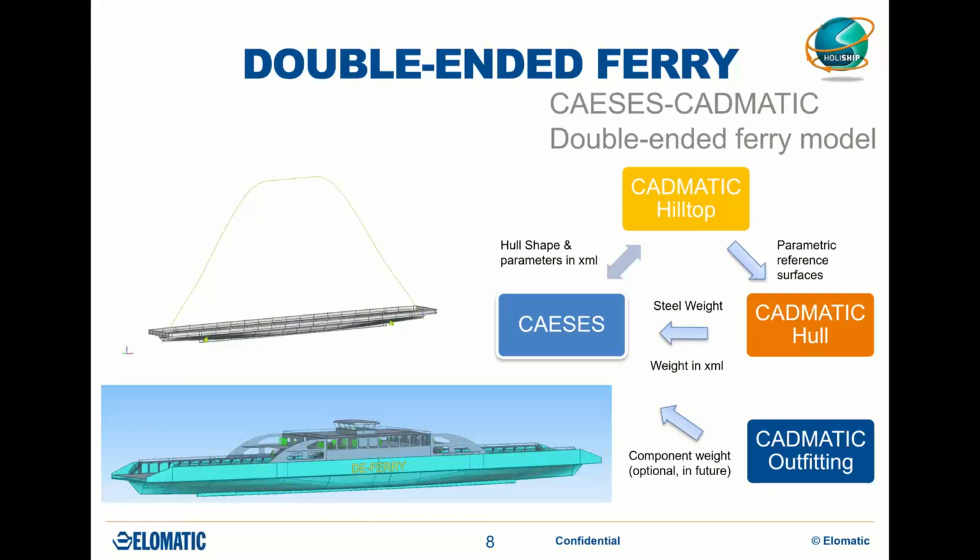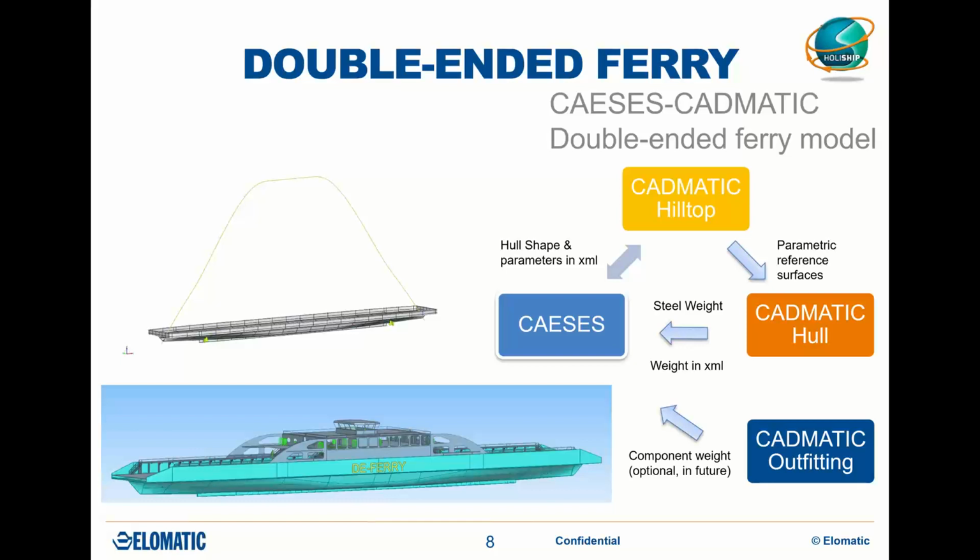These parameters are used in CADMATIC Hull to model the real construction plates with material and thicknesses and stiffeners into these parametric reference surfaces. The obtained steel weight is then transferred back to CAESES where it is needed in, for let's say, hydrostatics, stability, and CFD computations. As an option, naval architects can add outfitting items in CADMATIC Outfitting for the ship model to have better ship weight estimation.